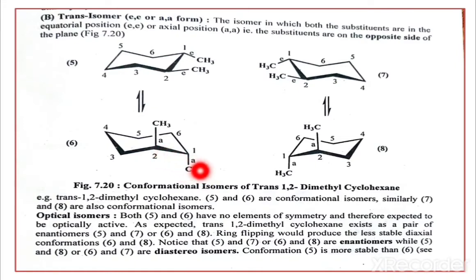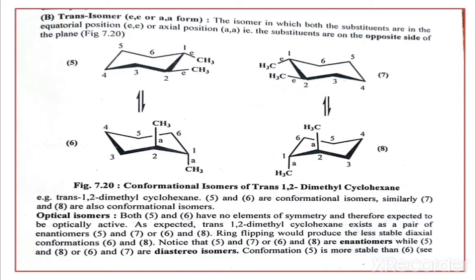Now here we notice that 5 and 7 or 6 and 8 are the enantiomers, while 5 and 8, or 6 and 7, are the diastereomeric conformations.